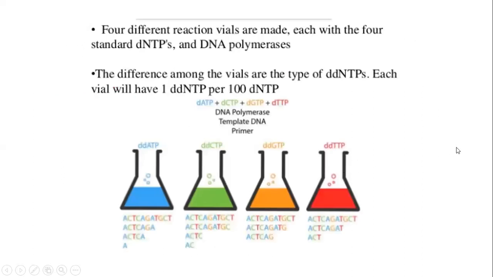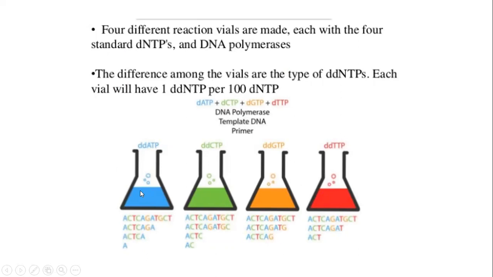So how do we perform the reactions? Again, we are going to set up 4 sets of reactions. In each tube, you have all the ingredients that are required for a normal PCR. That includes your template, your polymerase, and your building blocks, that is all 4 deoxynucleotides.